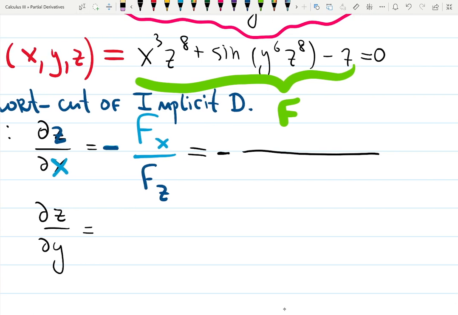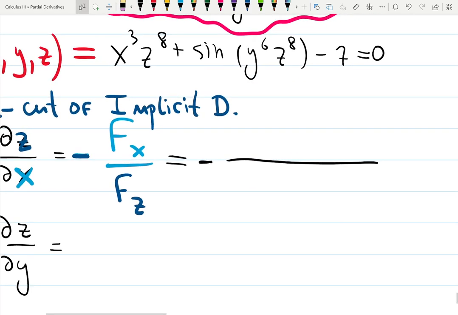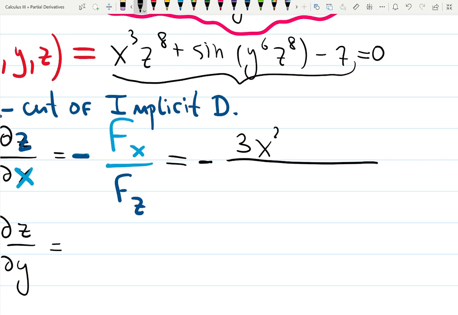So, negative is just part of the formula, huge fraction. The top is a derivative of this piece, including the 7. Don't forget that. With respect to x. Your brain thinks about this. Okay, x is the only variable here, and then there's nothing inside of x, so everything is looking good. Derivative of x cubed z to the 8 is 3x squared times z to the 8.